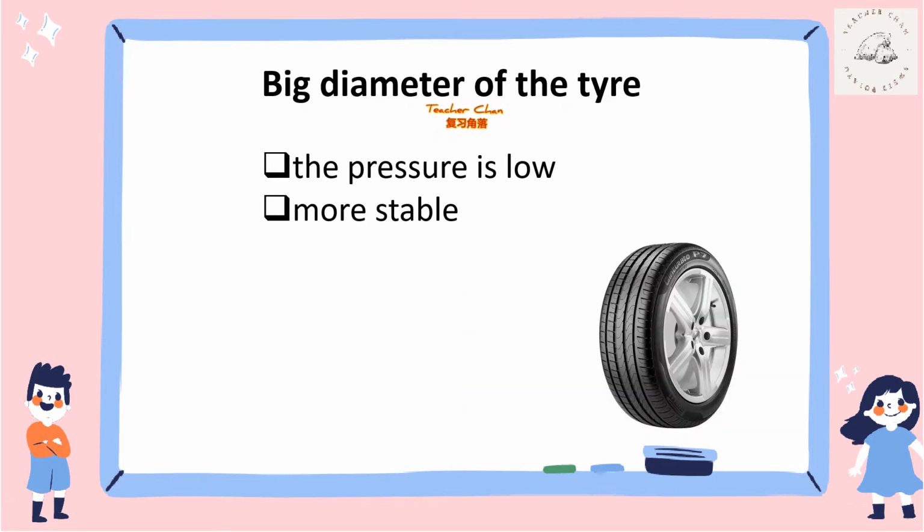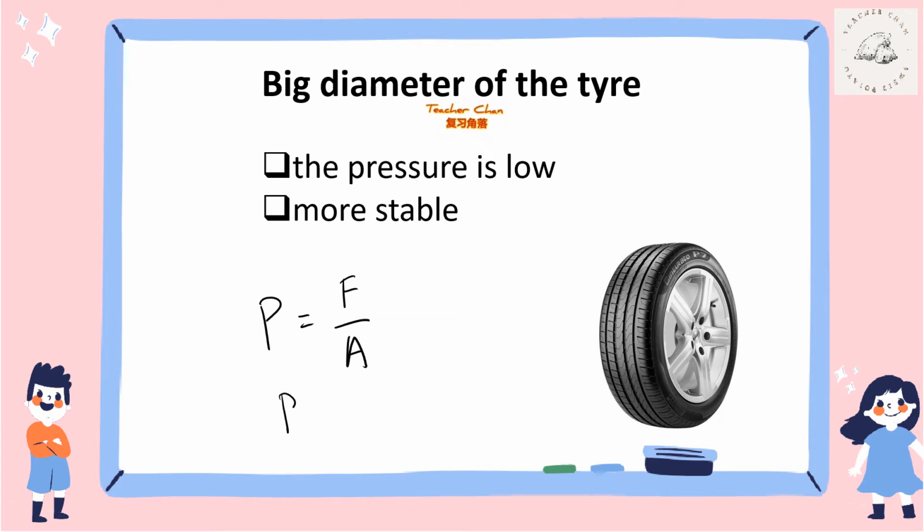Big diameter of the tire. For the tire of the vehicle, we usually use a big diameter due to the formula: pressure equals force divided by area.